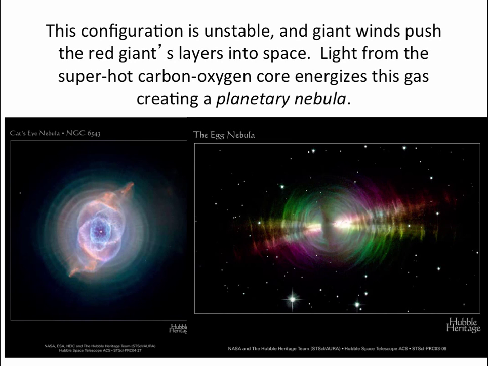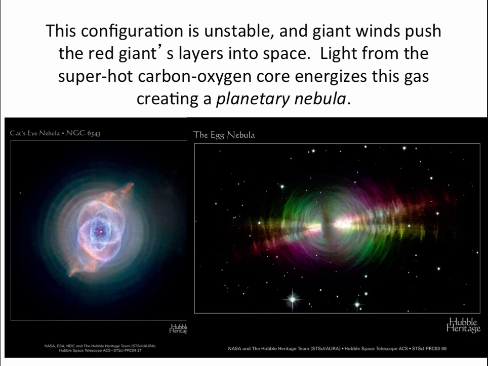This is enough energy to light up the rest of the gas that's now moving outwards, and as it moves outwards it's thinning out. So we have a thin, cool gas being energized by a very hot energetic source, and so it begins to glow as an emission nebula. This is the planetary nebula phase, the planetary nebulae that we talked about in the first mini lecture.